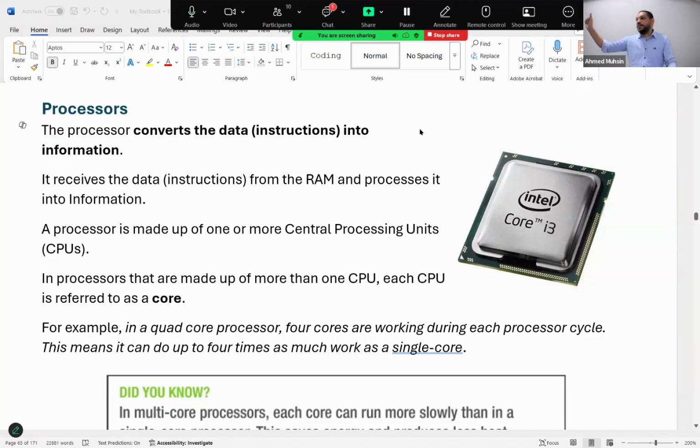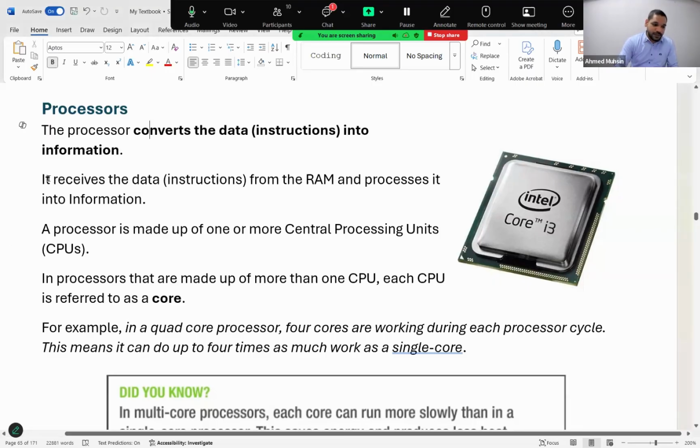Who takes them? The RAM takes them and gives them to the CPU, Central Processing Unit, for processing. Everybody read this? It receives instructions from the RAM and processes it into information.